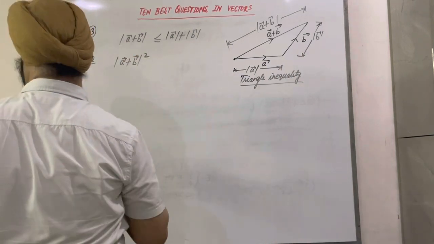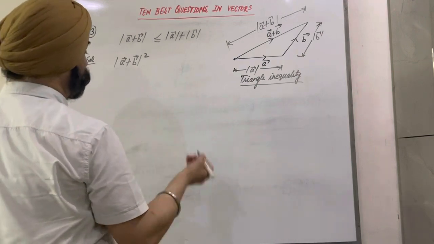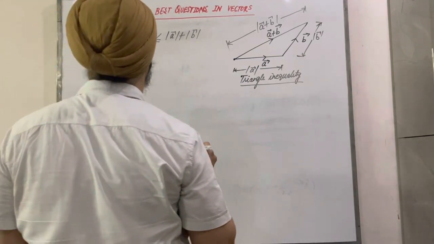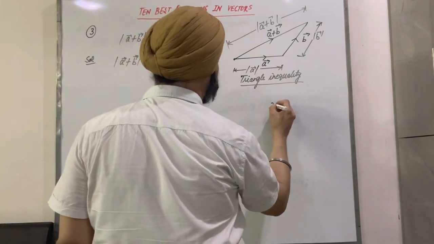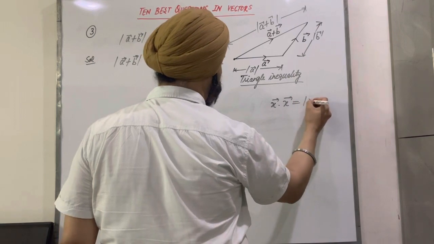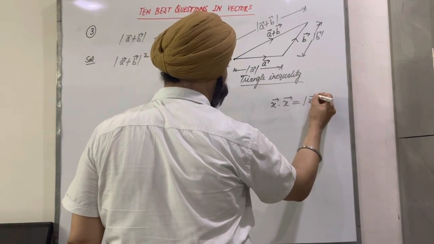What exactly are we going to draw from it, or what help do we get by writing so? We all are aware of the property that if we have a vector x, its dot product with itself is the same as magnitude of vector x whole square.